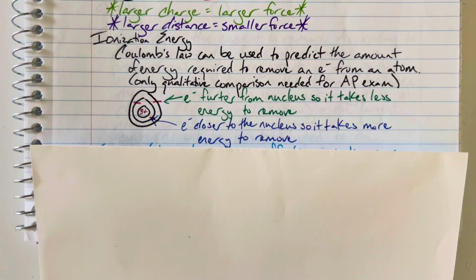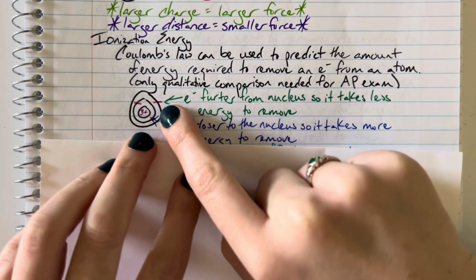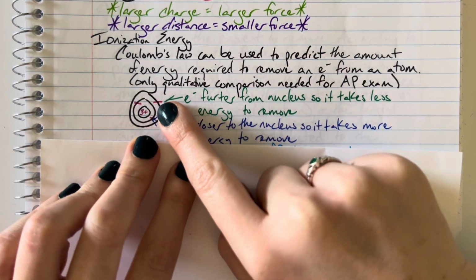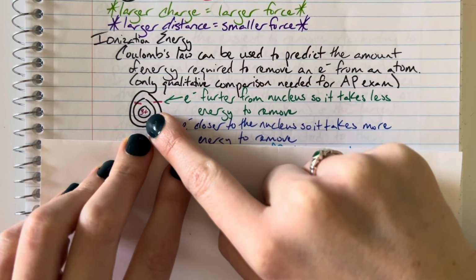Remember again that for Coulomb, the R value, the distance between the particles of interest, is going to be the dividing factor and is also going to be squared. So my electrons on my valence shell are going to be further away from the positive nucleus.